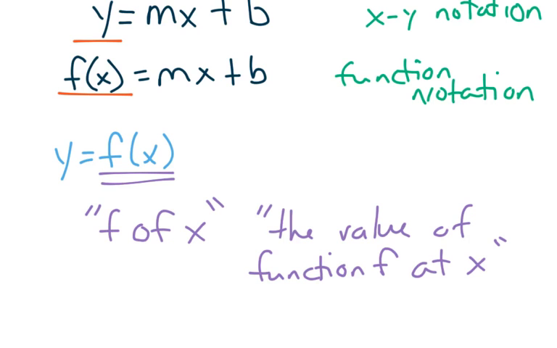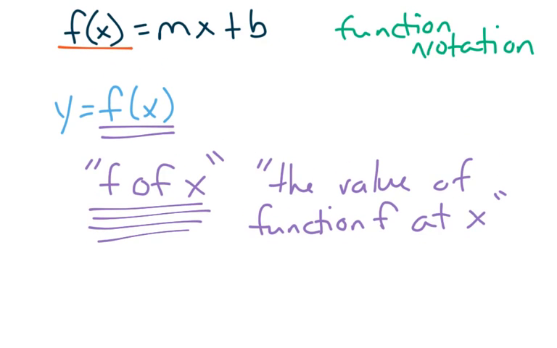Either one of those is correct. By far, I would say 99.9% of the time, it's f of x. So this line right here, you would read as f of x equals mx plus b.